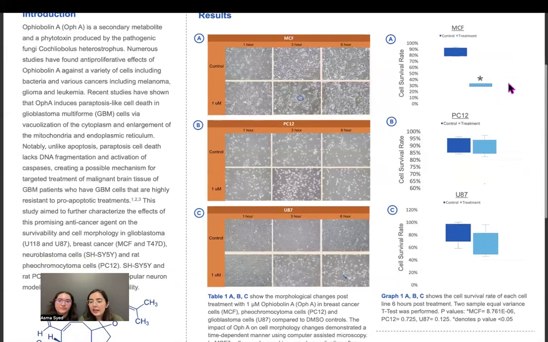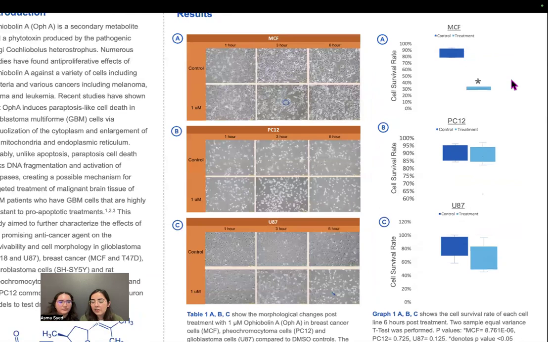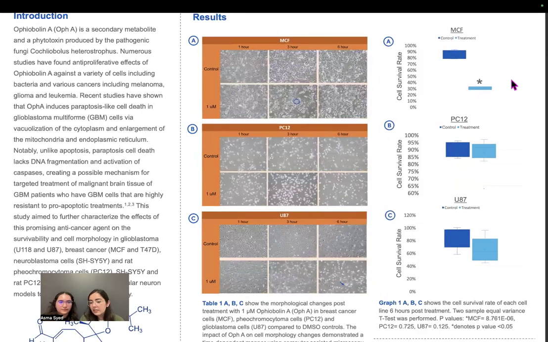We also did a cell survivability analysis, and then we followed that with analysis for significance using a 2-sample equal variance t-test. In figure A, you can see that there was a statistically significant difference between our DMSO control and our OPHA-A application in our MCF cell line, which is our breast cancer cell line, showing some promising results for our drug.